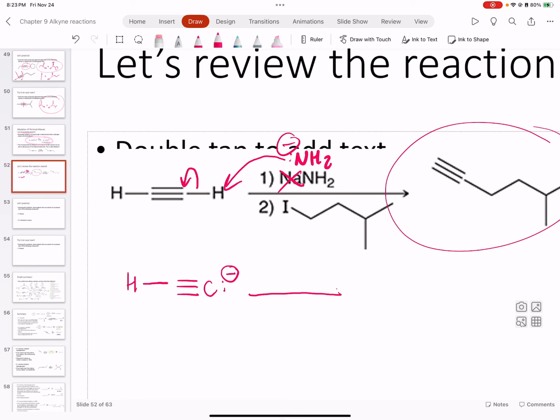So then you can see here, our base took our hydrogen away from it. That's why we have a carbon negative. And then we have our second step. This carbon is gonna attack this other carbon, and this is gonna cause this one to leave.